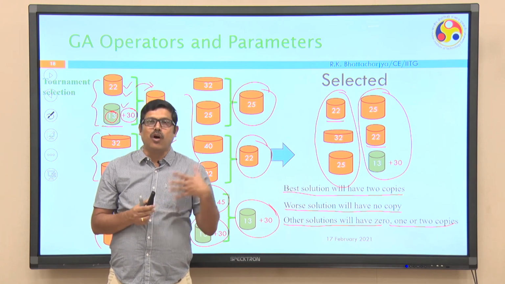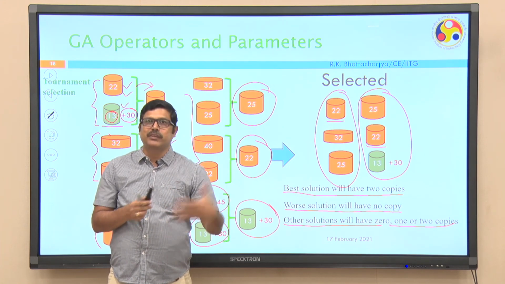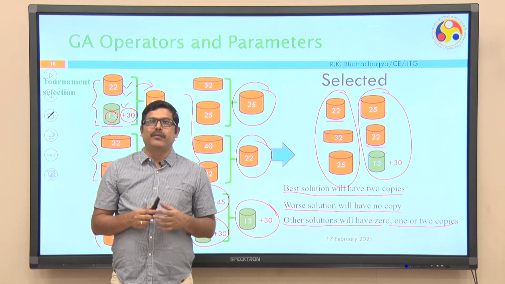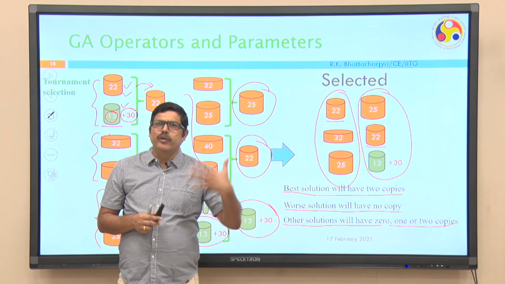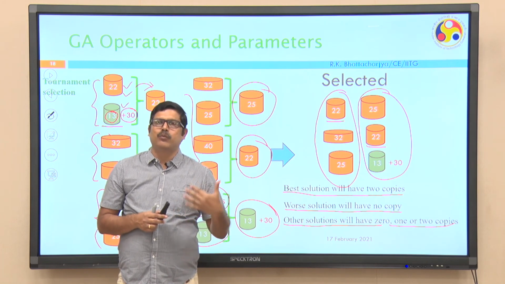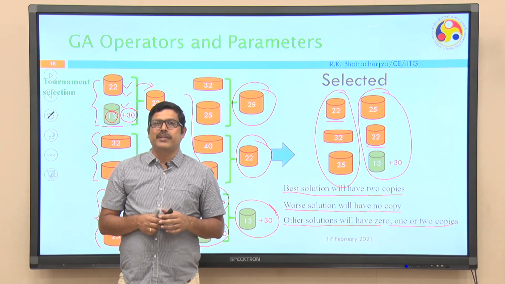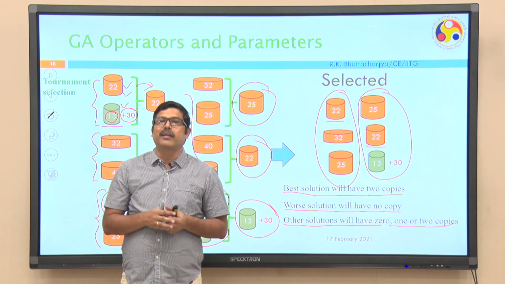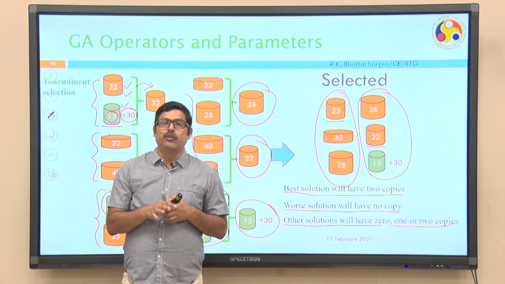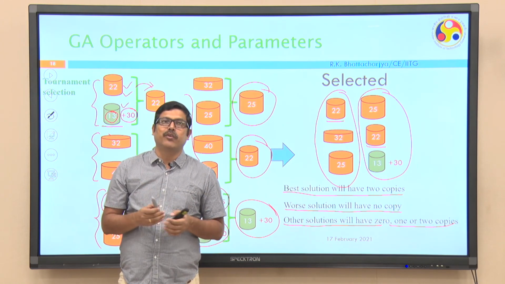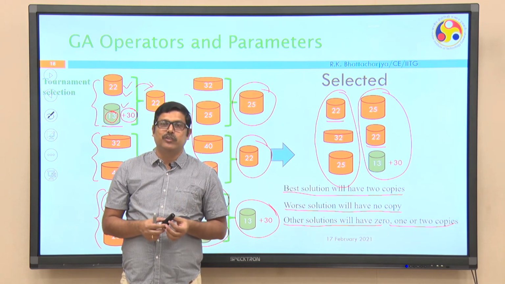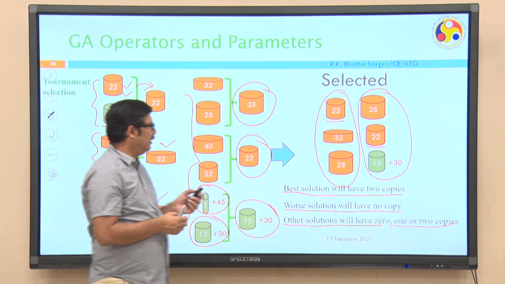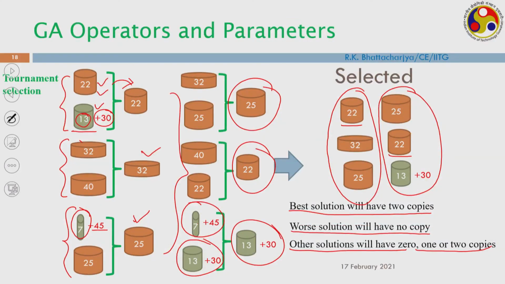That is also not good for the search process. I will discuss this when I discuss the other operators, and then you will appreciate it. So, a tournament size of 2 or 3 is fine, but we are not using a tournament size of 4, 5 or so on, because your population will be saturated with the best solution. That we do not want, and we will avoid that.